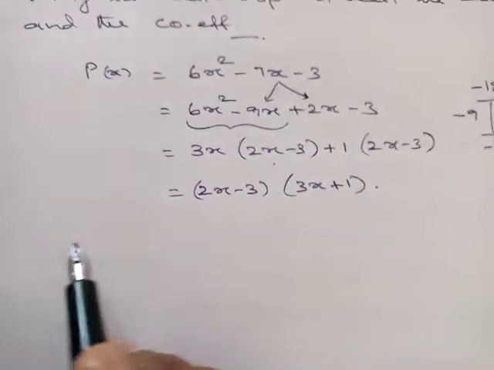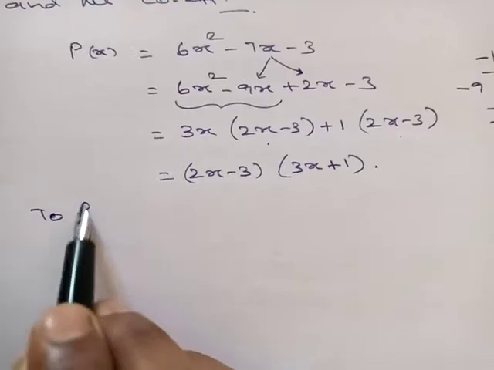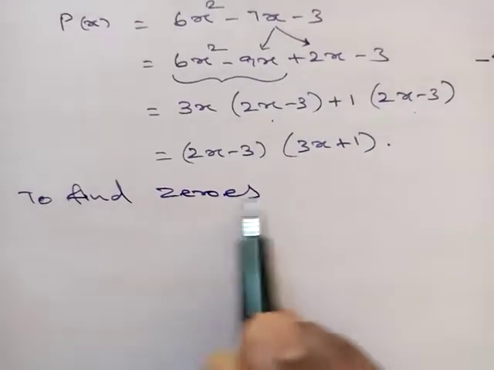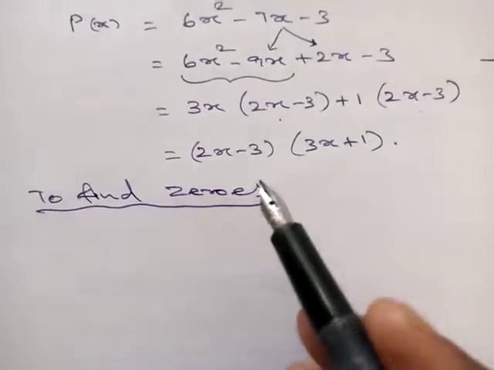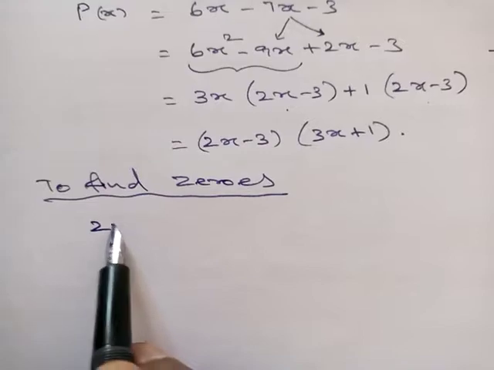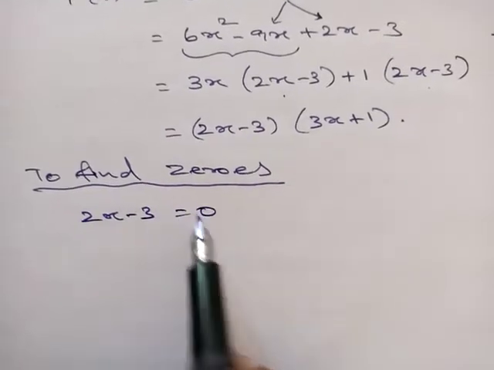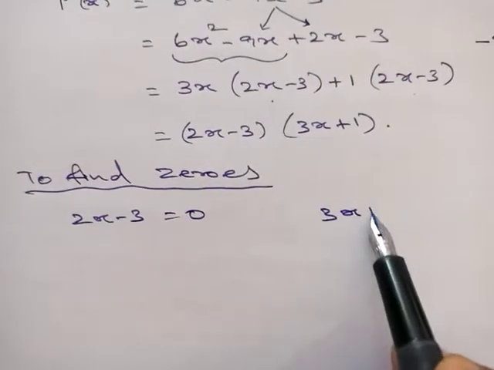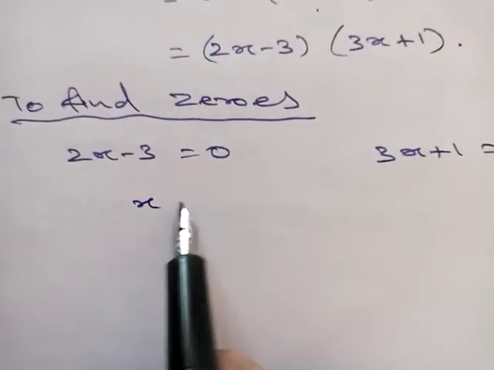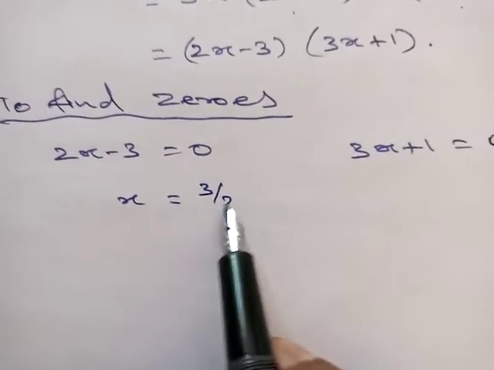Now to find zeros, we have to equate these factors to 0. So 2x − 3 = 0. Another one, 3x + 1 = 0. First one, x = 3/2.